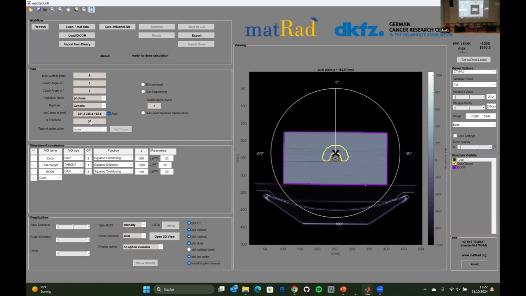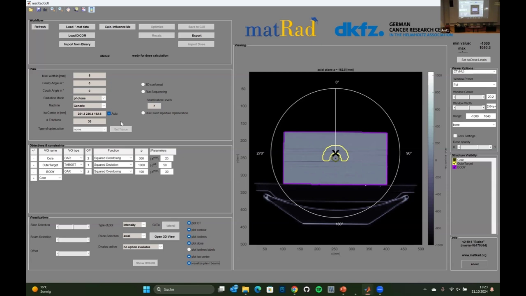Having a different number of fractions just means that the dose per fraction changes, and relatively, for visualization and understanding of how the dose looks like, it is not so important.